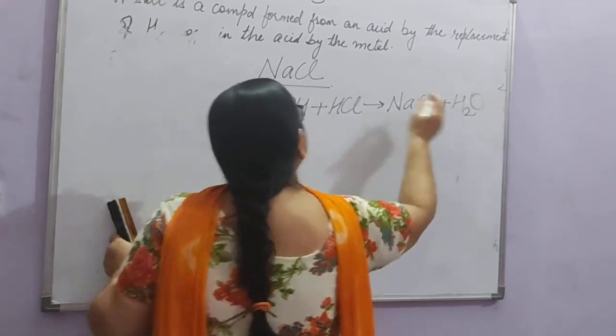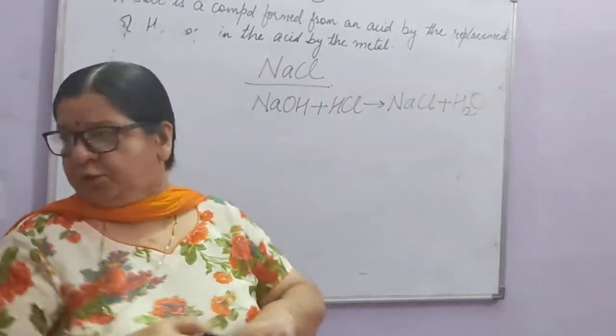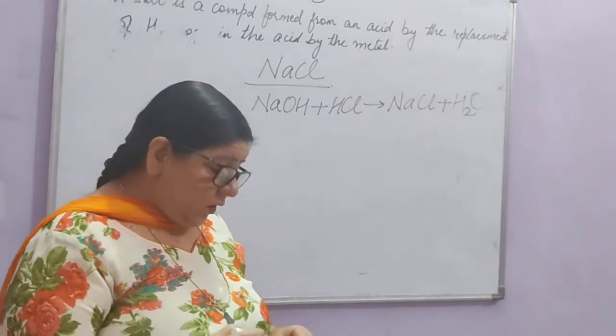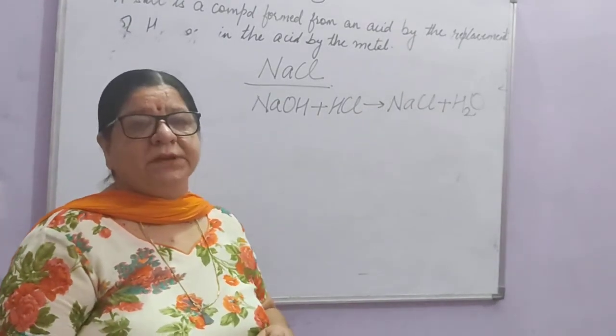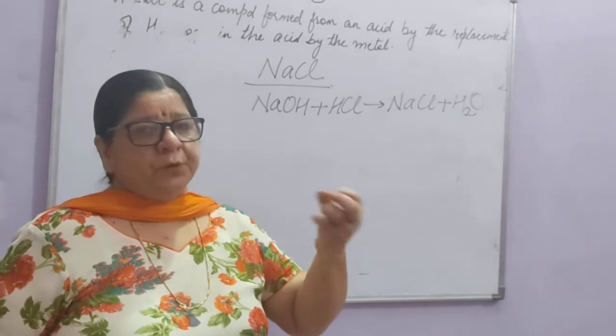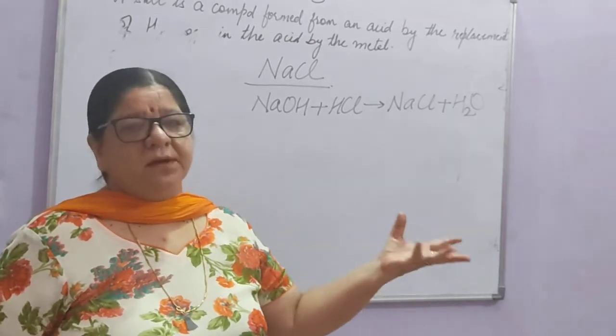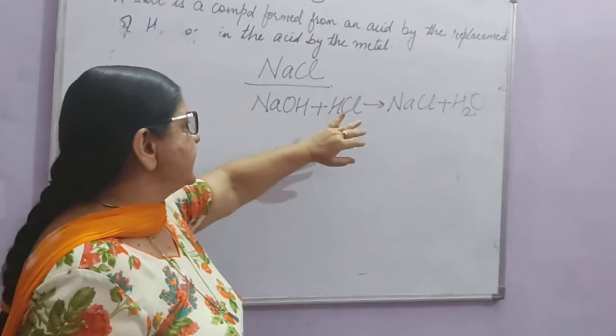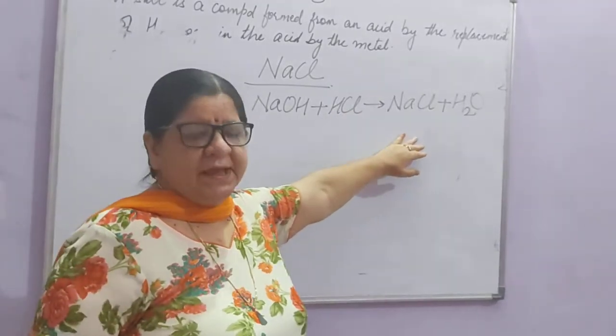Now commonly the sodium chloride is also known as common salt only. This is the salt which we use in a kitchen. We put it in our vegetables, whatever things we make, right? While cooking, we use this salt, NaCl.